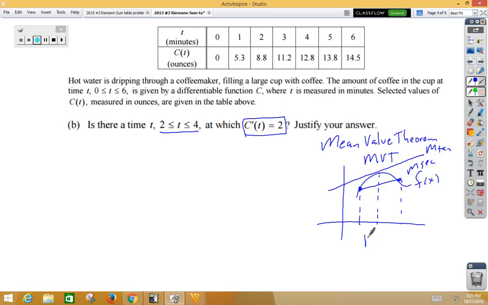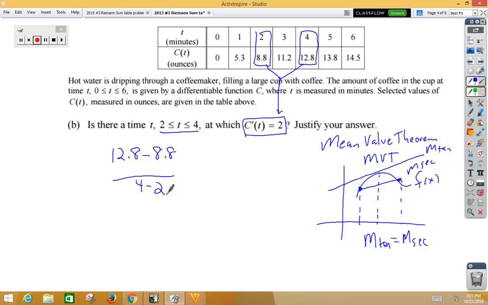So keep in mind, the slope of the tangent has got to be equal to the slope of the secant line. Let's use the points at 2 and 4 and see if we get a 2. So we get 12.8 minus 8.8 over 4 minus 2, which is indeed 2. So yes, there is a time that equals 2, and it's because of the mean value theorem.